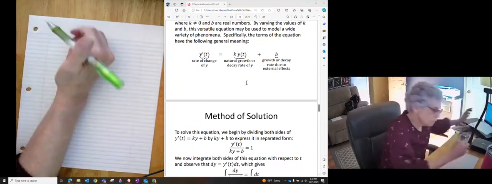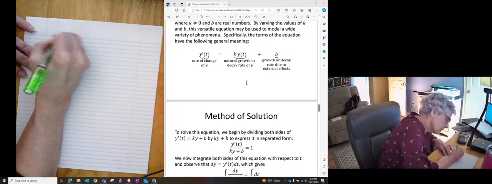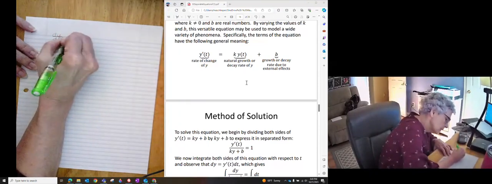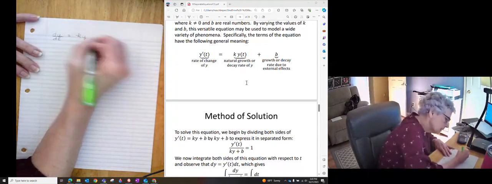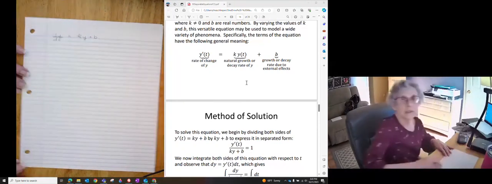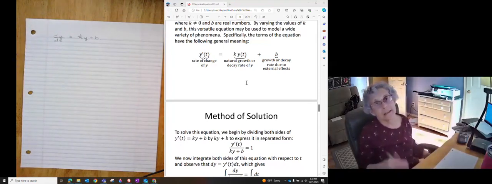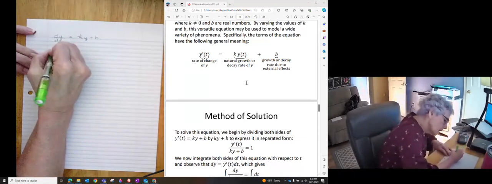Get myself a new sheet of paper. So I start out with dy dt is equal to some number k times y plus b. Well, I need to get all my y's on one side and all my t's on the other.